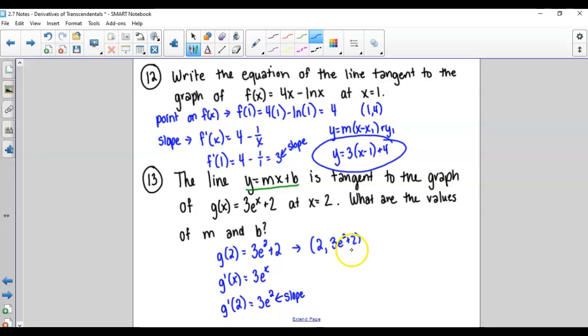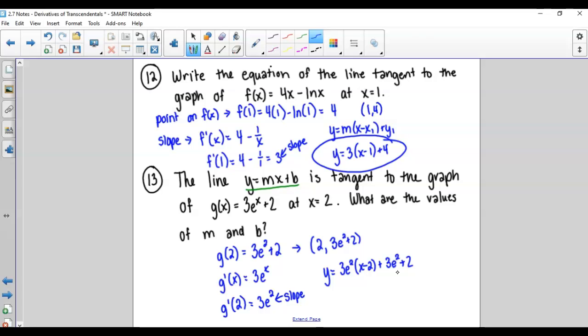Now, if we use our point slope form, we're going to get y equals 3e squared times x minus 2 plus 3e squared plus 2. So I'm just plugging in those values just like I would if they were numbers like they were on the last problem.